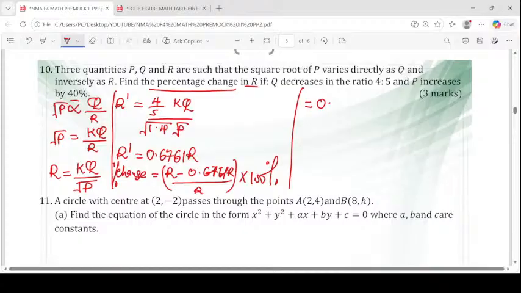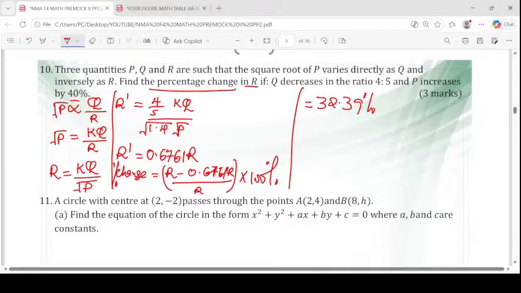Let me subtract. That is 1 minus 0.6761. This becomes 0.3239 times 100. That becomes 32.39%.